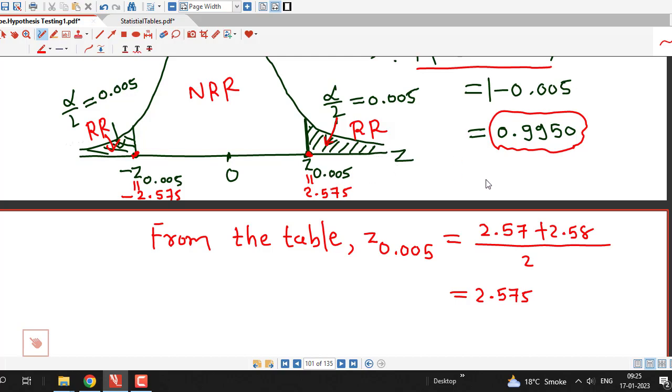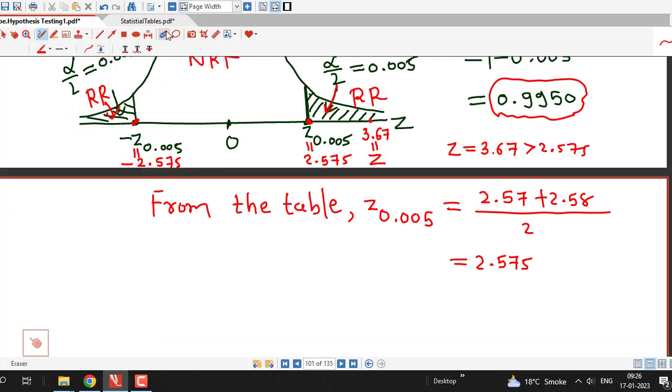So it is 3.67, and we can see 3.67 is obviously greater than 2.575. That means we are somewhere here. This is value of test statistic z, and it is in the rejection region.